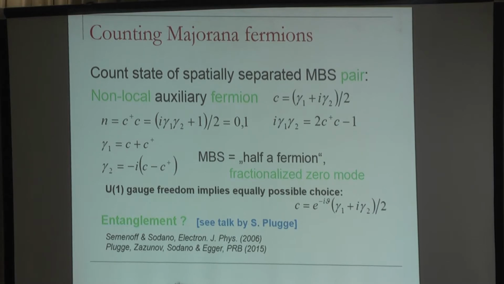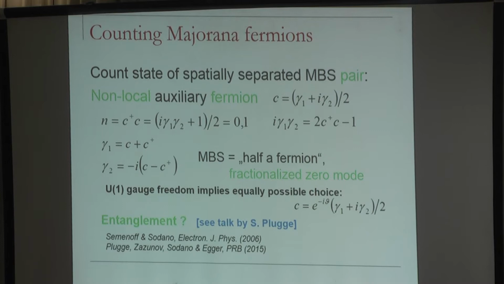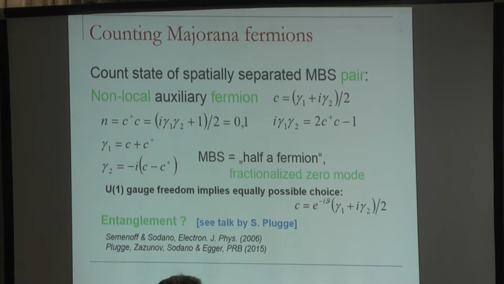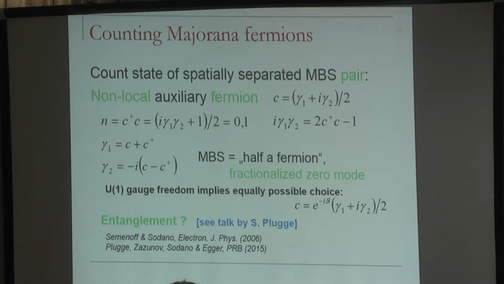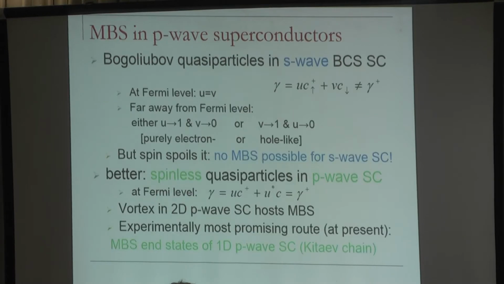You can of course always decompose a fermion like this, but it's only non-trivial if you really have different support. And then the parity of this pair of Majorana fermions is linked to the occupation of this zero-mode fermion operator. And as I said, we have this U(1) degree of freedom here. We can also choose it with a phase phi in this definition.